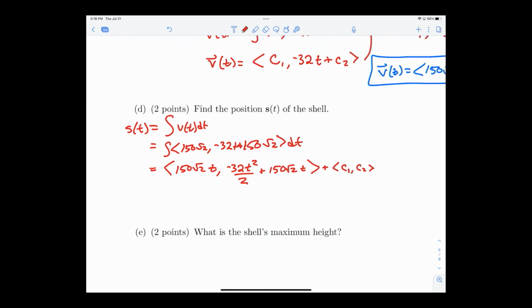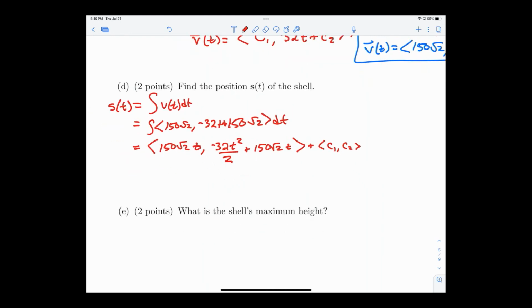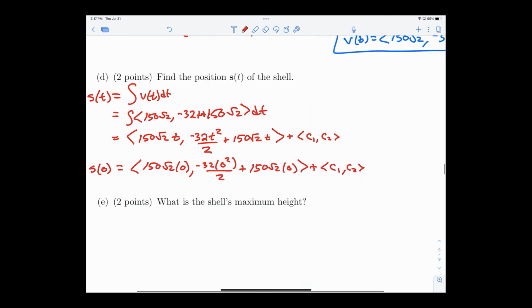And there we go. Now what we need to do is find that C1 and C2 using the initial position of the shell. So we know that s of 0 is, let's plug it in here, 150 root 2 times 0, negative 32 times 0 squared over 2, plus, this is a different C1 and C2 from the previous problem.